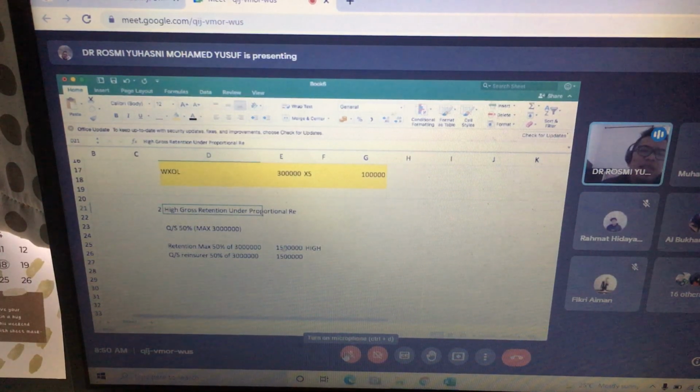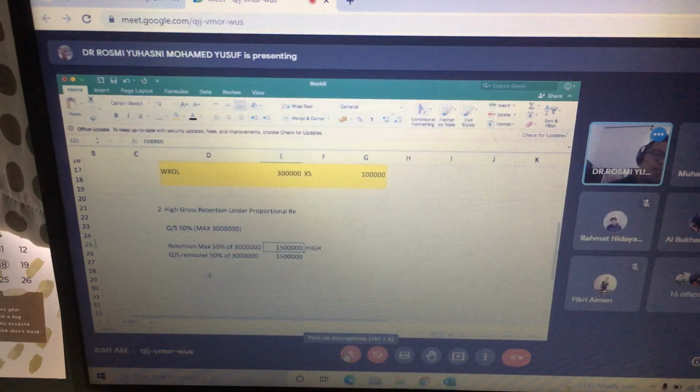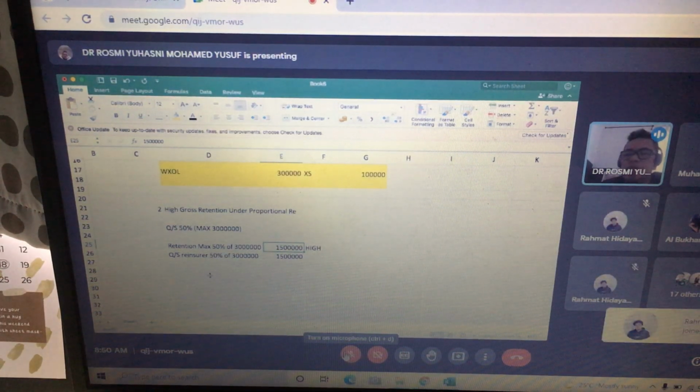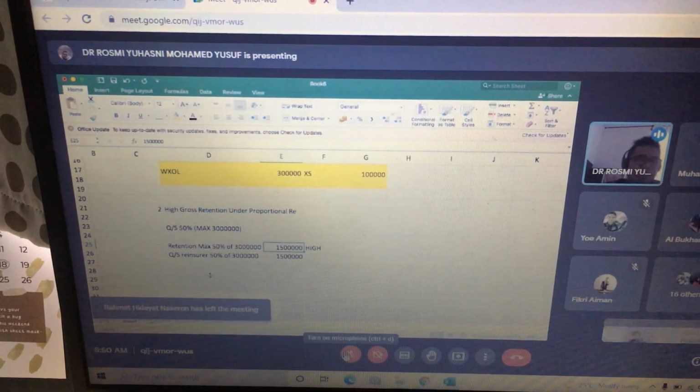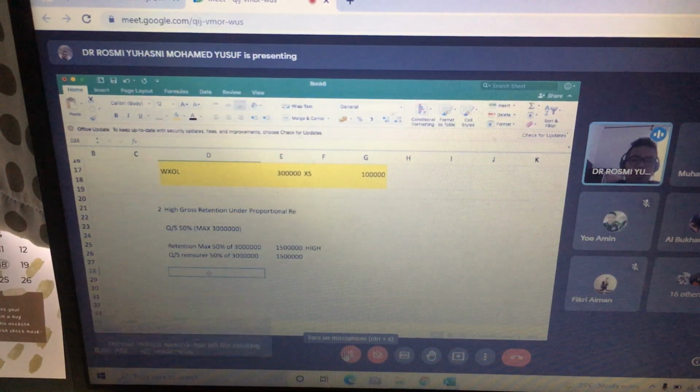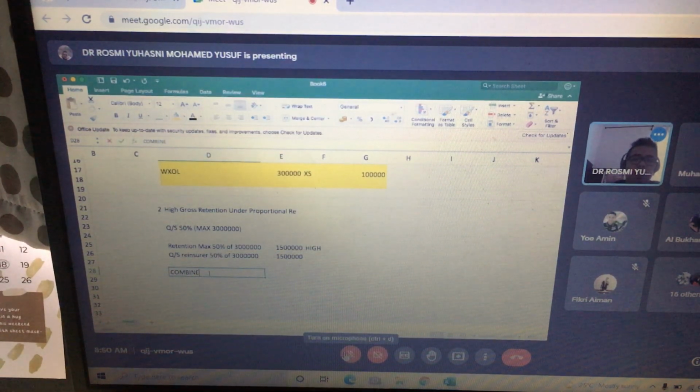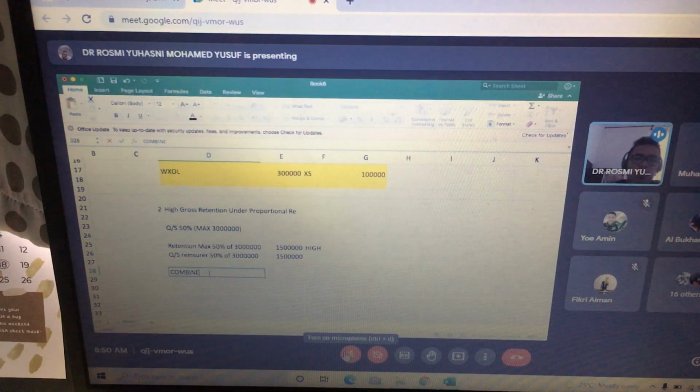So what can they do? What the insurer can do is they are not going to replace the reinsurance program. Mereka tak akan tukar kepada another reinsurance program. They will maintain this reinsurance program, but they will combine it with WXOL.